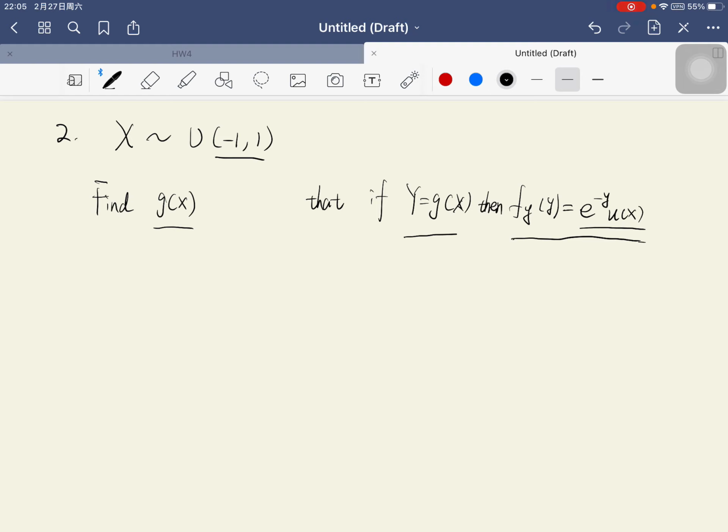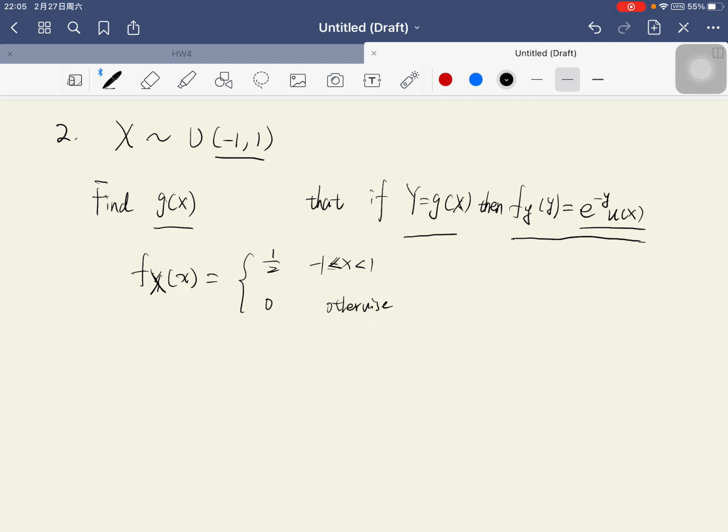In this question, at first we could compute the density function of x, which is equal to 1 over 2 when x is from -1 to 1, and otherwise the value is 0.